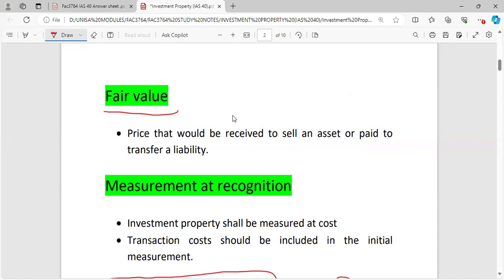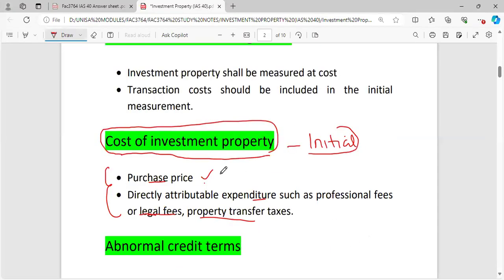The fair value is the price at which we can sell an asset. In terms of investment property, you don't determine the fair value yourself. You should look for a professional person who can evaluate the property. That would be the fair value of the investment property.